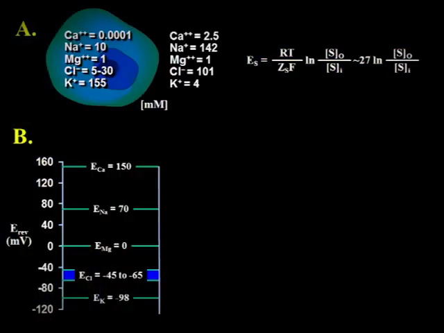In other words, any time a potassium channel that's selective for potassium opens, its job, what it's trying to do, is to get the membrane potential of that cell back to EK, back to minus 98. It allows the efflux of potassium down the concentration gradient from in to out, and as a result moves the membrane potential towards EK. But that's not what calcium channels do.